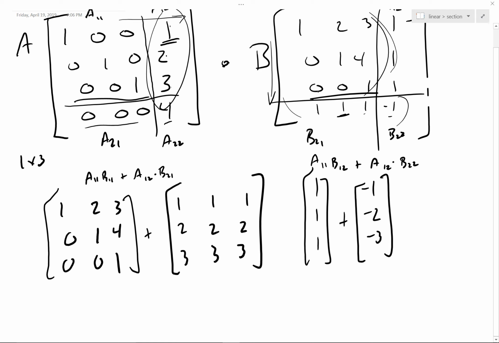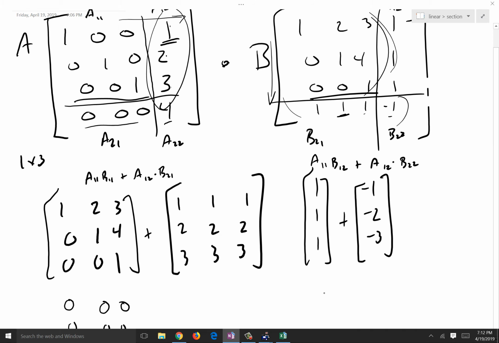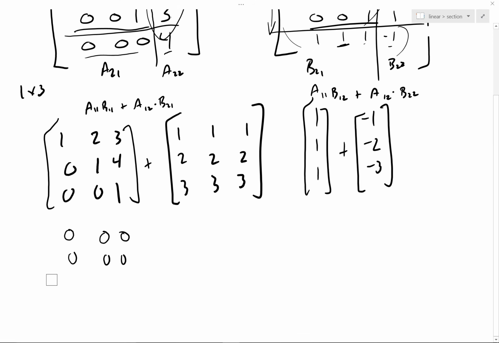What are you going to get? Well, 0, 0, 0. That's what you're going to get. Just one row of zeros. Remember, write the matrices out. 1 by 3 times a 3 by 3. They match. There's your new measurement.